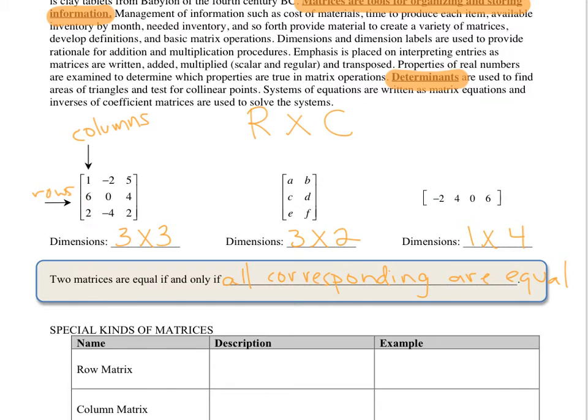Entries, oops, I forgot that word. All corresponding entries are equal. Entries happen to be the numbers that are actually in there. So the entries in this left one would be 1 would be an entry, -2 is an entry, 5. So that's just what those entries represent.